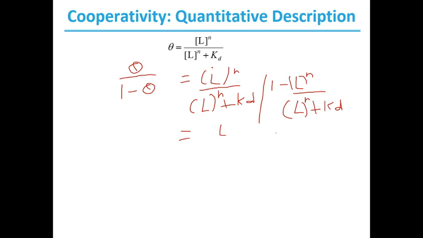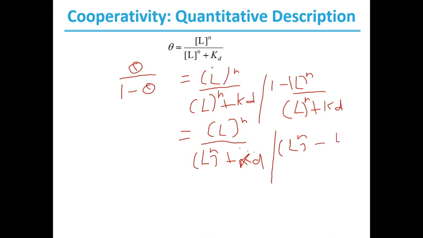Now this becomes L to the power n divided by L to the power n plus Kd, divided by L to the power n plus Kd minus L to the power n, divided by L to the power n plus Kd, because this term goes here, right? This multiplies with 1.